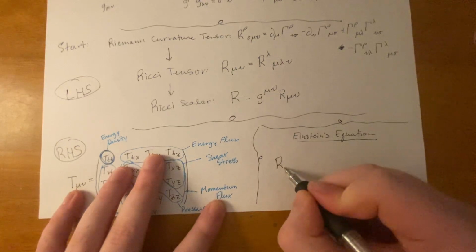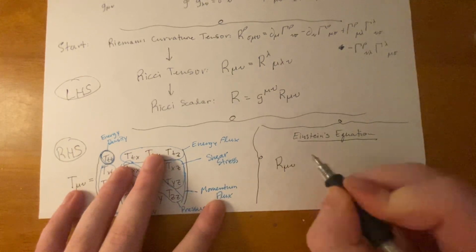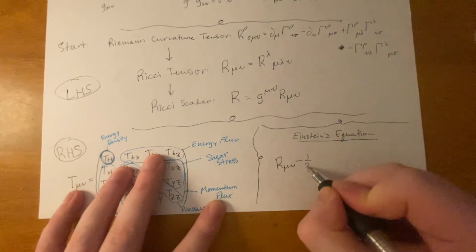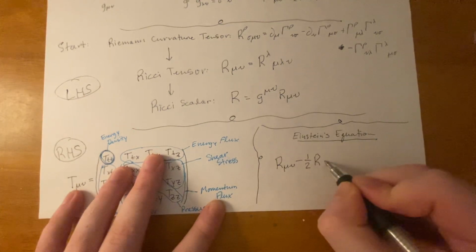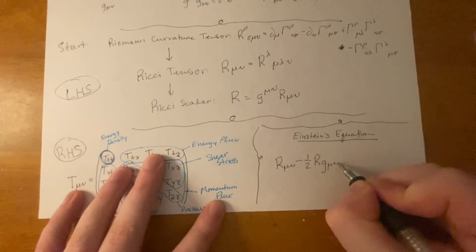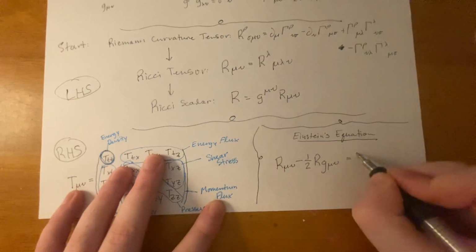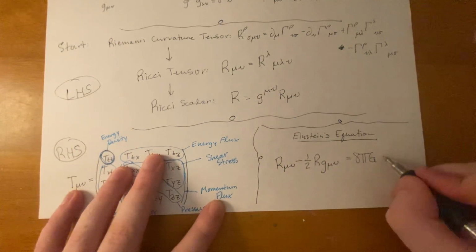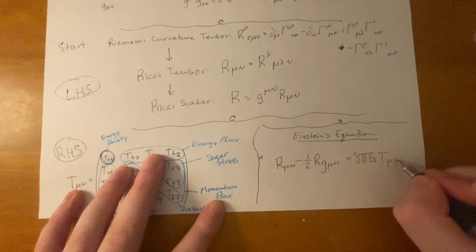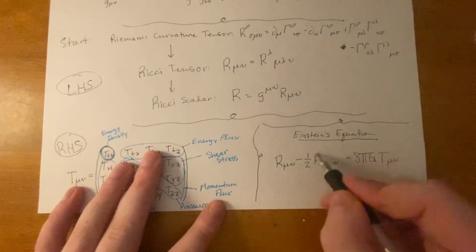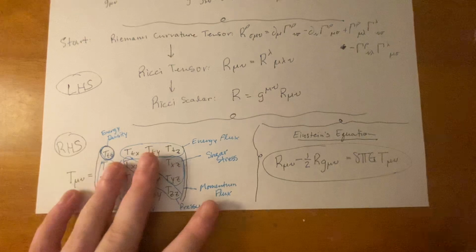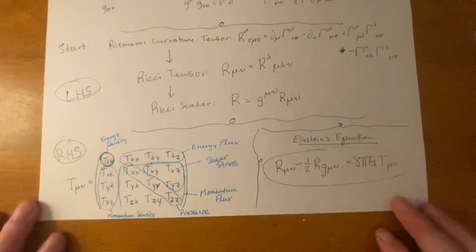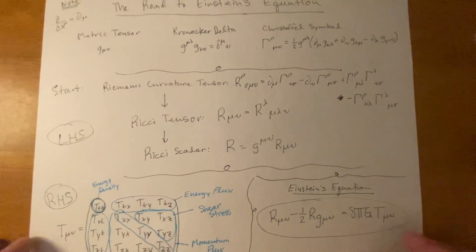You take the Ricci tensor and you subtract 1/2 the Ricci scalar times the metric, and you set that equal to 8 pi G, so that's this constant, times the stress energy tensor. And that is the evolution mathematically up to Einstein's equation.